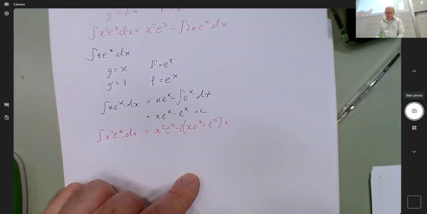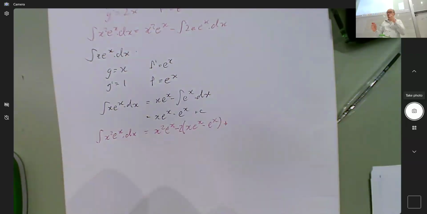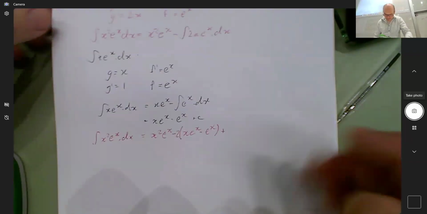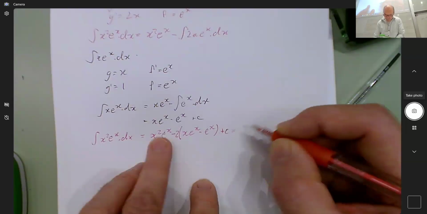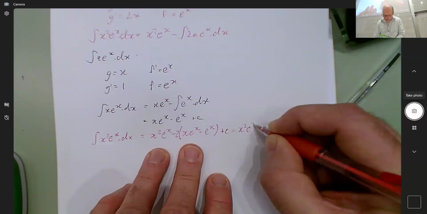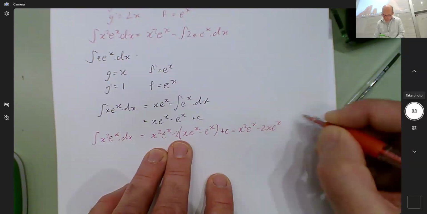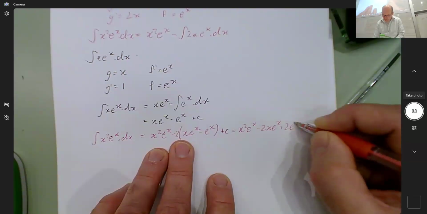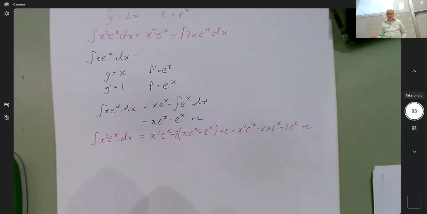I'm going to put the plus c out the back, because times by minus 2 is not going to make my life any better. Simplifying this out, basically: x squared e to the x minus 2x e to the x plus 2e to the x. Slick. That's awesome.